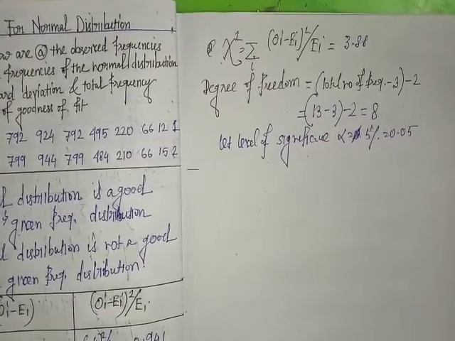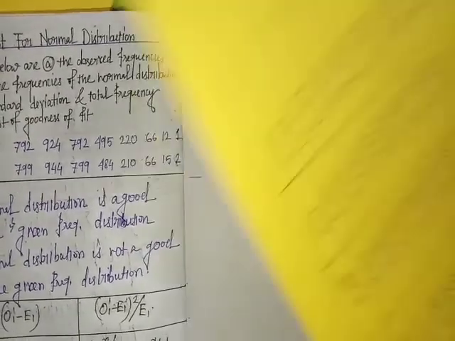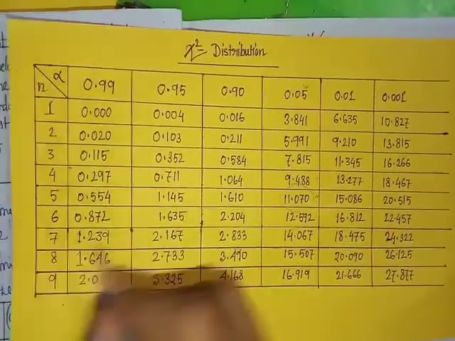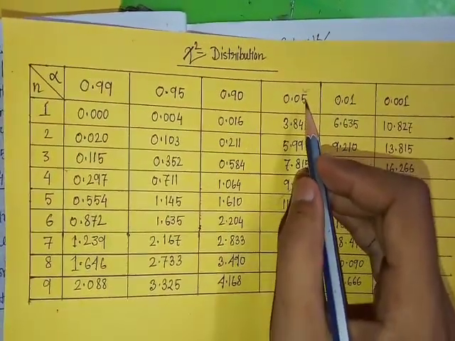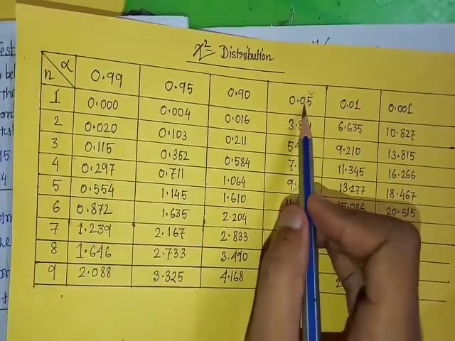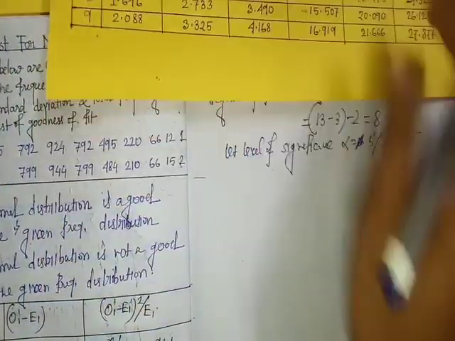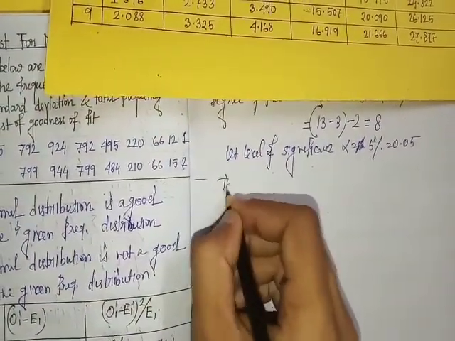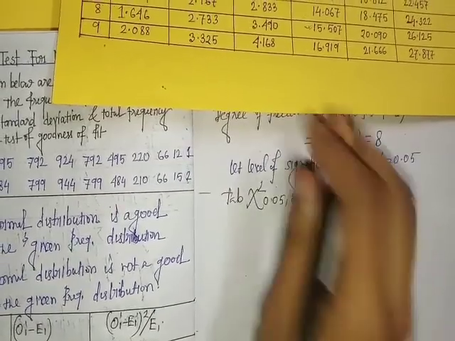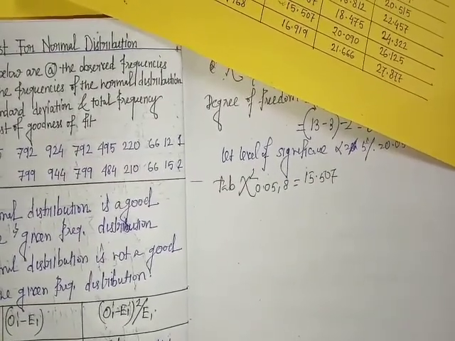So the tabulated value of chi-square at 5% level of significance with 8 degrees of freedom is 15.507. Okay, next decision.